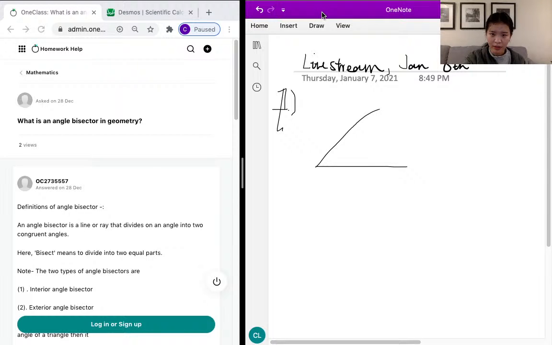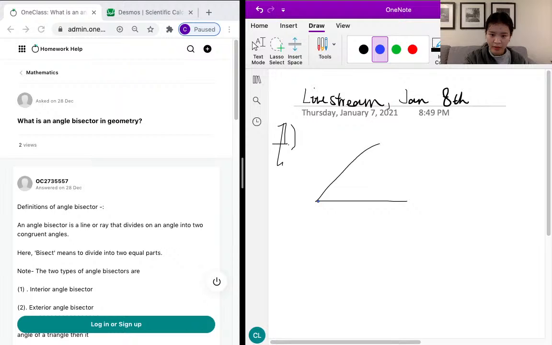So let's draw it in another color. The black lines here form an angle, and the blue line is a line segment that separates the angle in half.